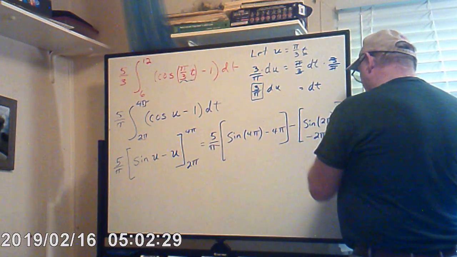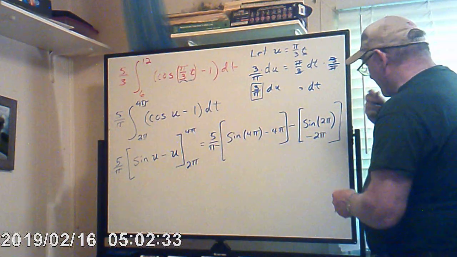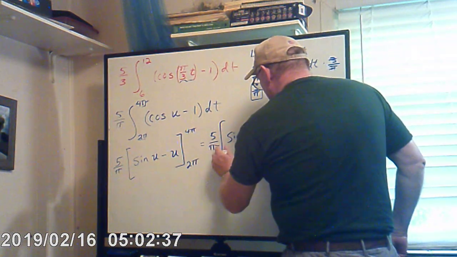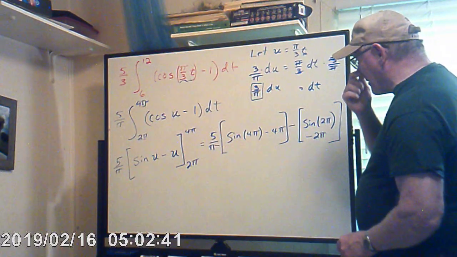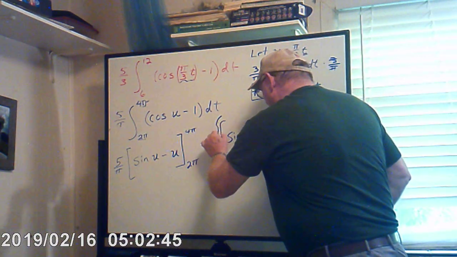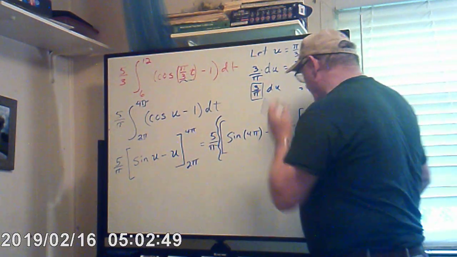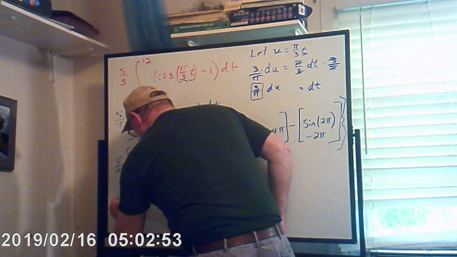Alright, like that. Sine of 2 pi minus 2 pi. Or I just don't have any more board. Alright. Well, let's do a little evaluating now. All this is together now. Oh, you gotta remember that. All this is together. Alright, so 5 over pi.